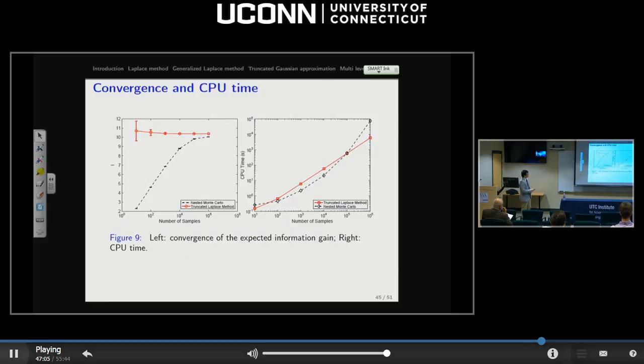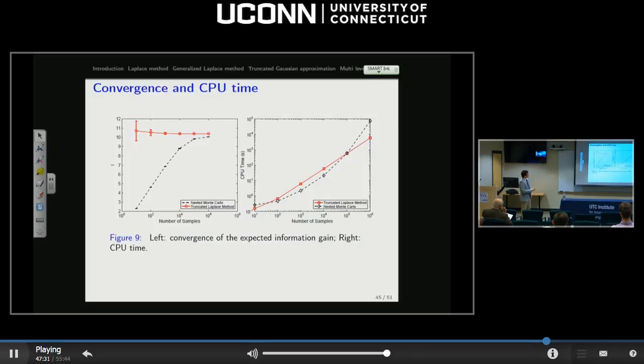It's not exactly Laplace method anymore because you have to sample. You can achieve an acceptable error using around 100 samples for the truncated Gaussian method compared to the nested Monte Carlo method where you need around 1 million samples.